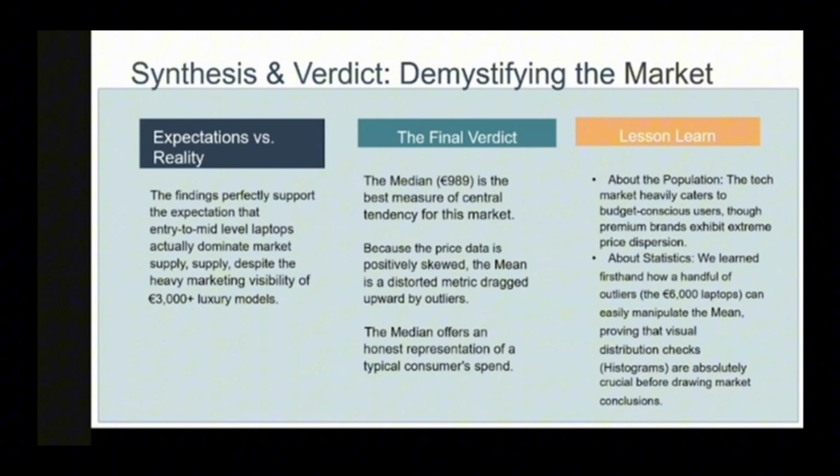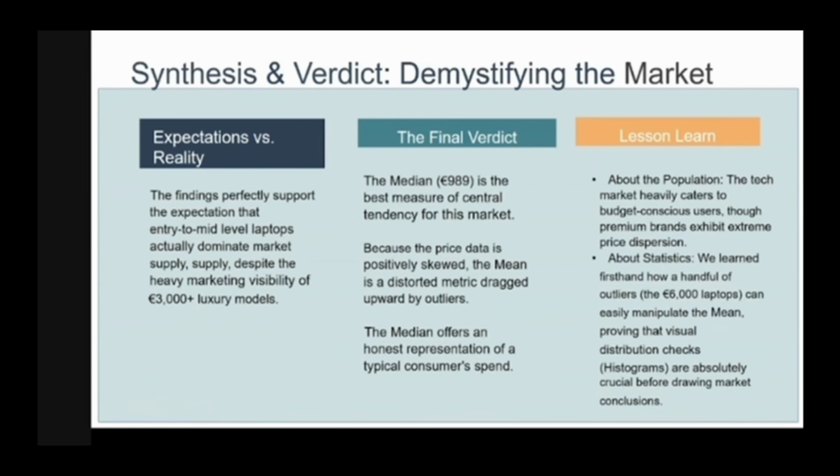That means the mean is pulled upward by expensive outliers, while the median provides a more accurate representation of typical consumer spending. The market is fundamentally structured to cater to budget consumers, despite the fact that the premium brands are hyped at steep prices.